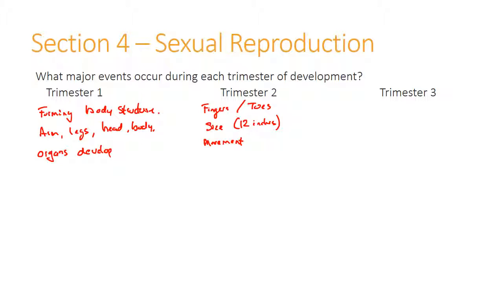Trimester 3, honestly, this is just kind of the finishing touches. Of course, we're going to start to see hair form. We're going to see brain activity really increase. Babies start to see and hear. We even know they start to dream. It's pretty crazy stuff.